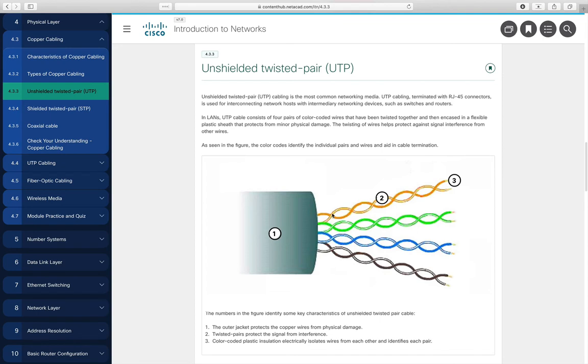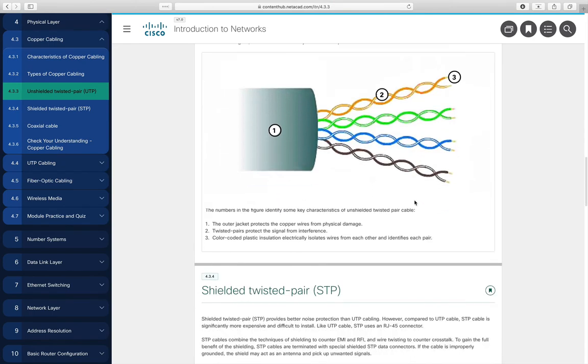Also, these twisted pairs have plastic coatings on them, primarily to keep them from shorting out with each other, but also to represent colors of the pairs, so that when we go to put these in a jack, we know how to do that.